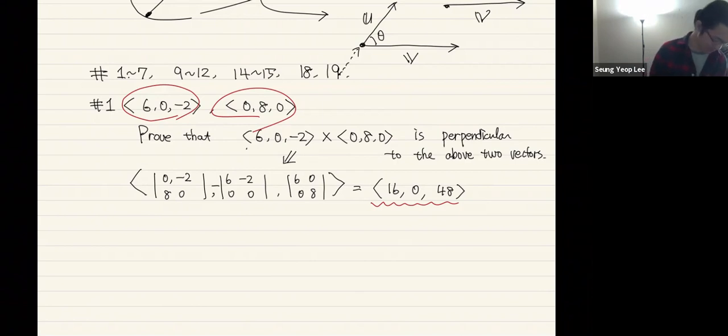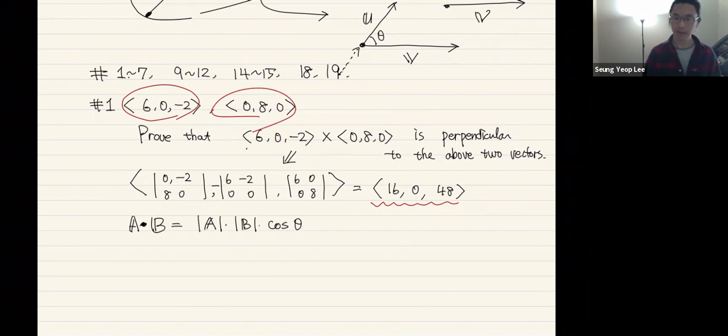The important formula of the dot product is: the dot product of the two vectors is the product of the magnitudes times cosine theta. Therefore, if theta is 90 degrees, it vanishes. The dot product vanishing is the proof that the angle between the two vectors is 90 degrees.